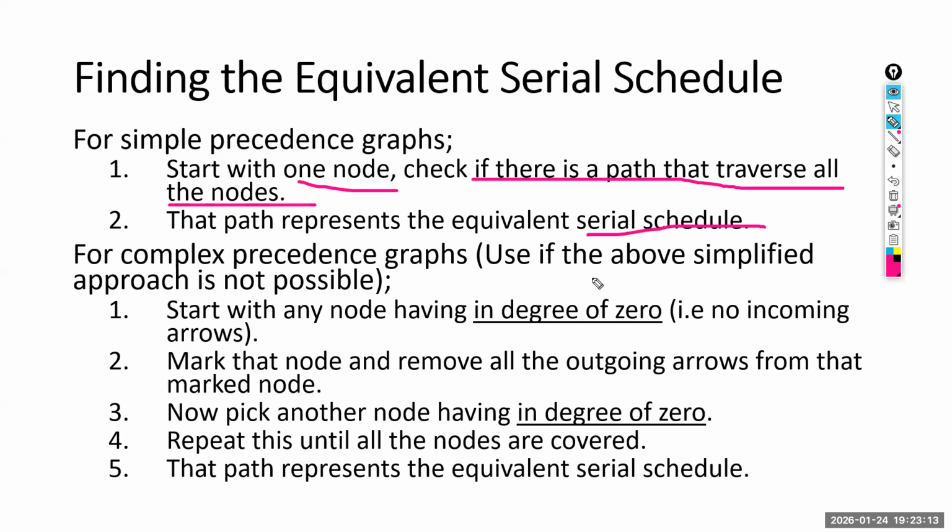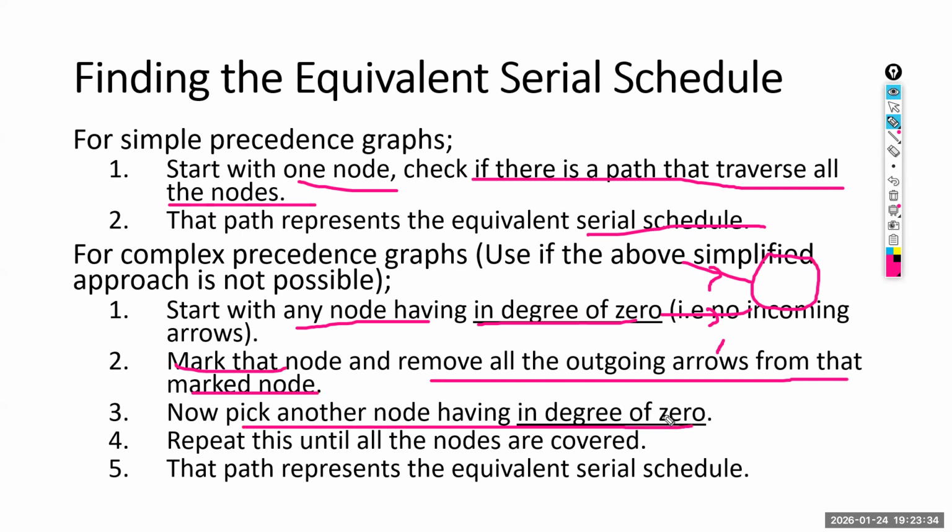Then start with any node having in-degree 0, meaning there are no incoming edges, and mark it. Remove all the outgoing arrows of that marked node. Now pick another node having in-degree 0, and keep doing this until all the nodes are covered. That sequence is the equivalent serial schedule.